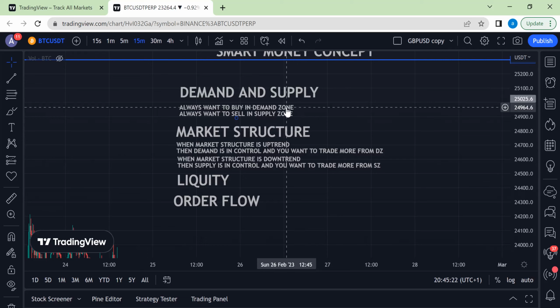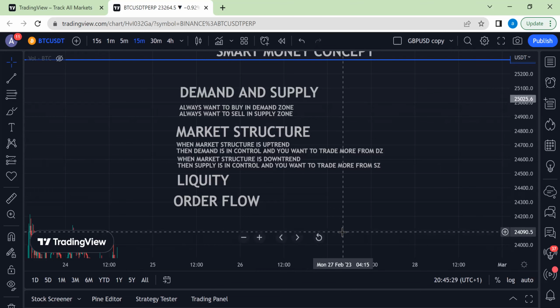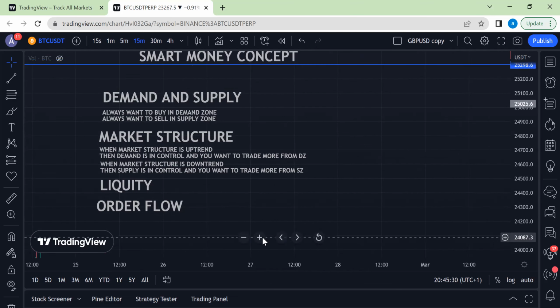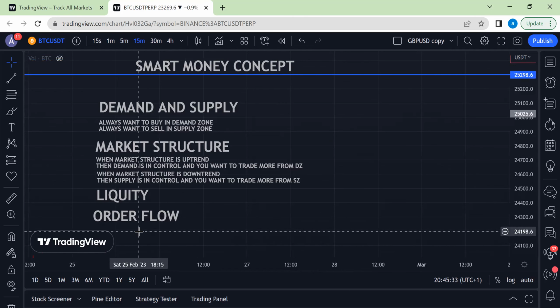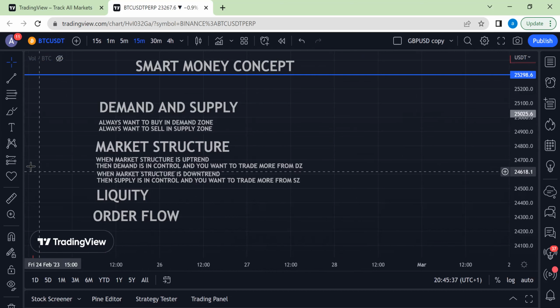Very interesting topic. It has a very big advantage over retail strategies, the one we have just completed. The advantage is the risk to reward for smart money is always high.